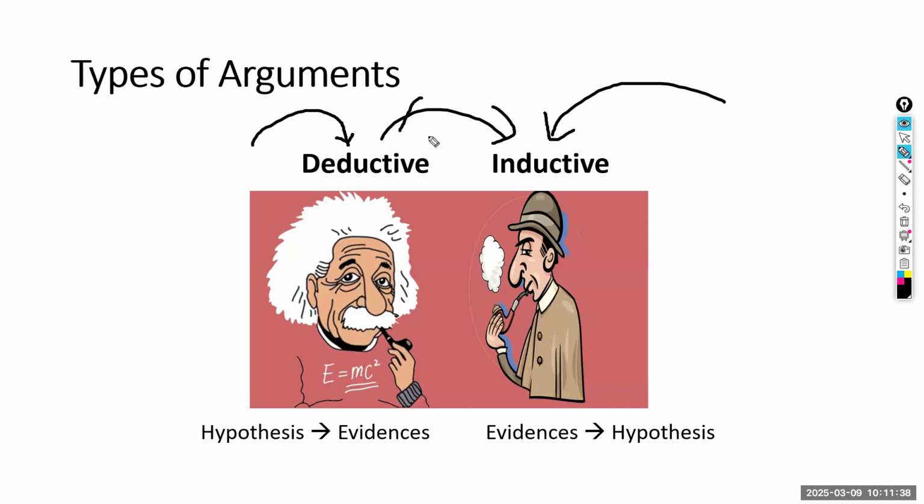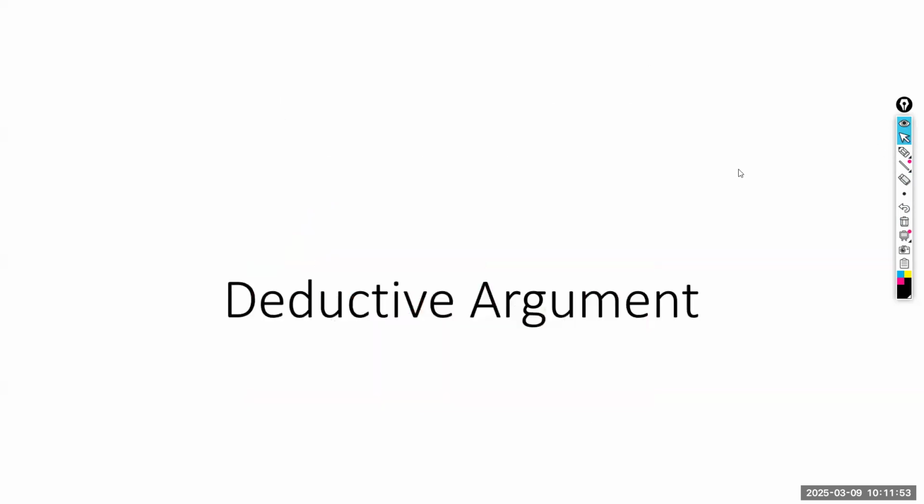But in general, scientists tend to be like this, and detectives tend to be more inductive. We are only interested in deductive arguments because deductive arguments are much more solid, and we can formally prove deductive arguments are true.